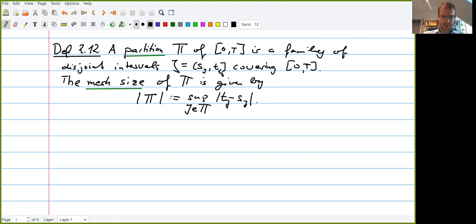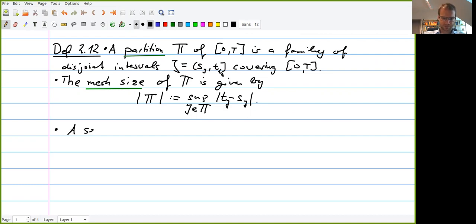And one thing I would like to define is what a zero sequence is. So a zero sequence is a sequence of partitions whose mesh size goes to 0.